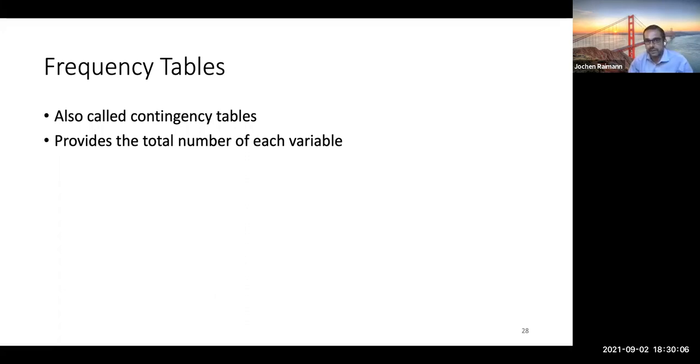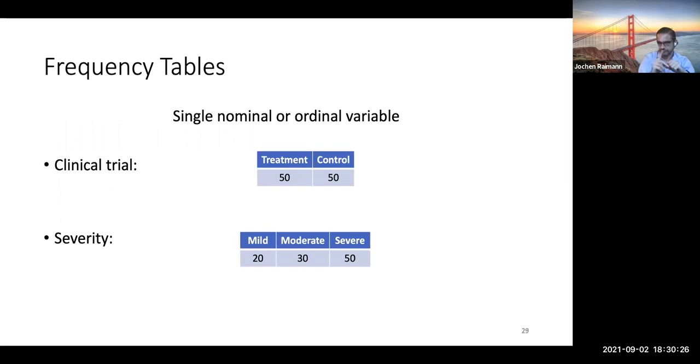These contingency tables give you a grid where you have 2 dimensions coming together. I'll show you in a second what that means. In the respective cells where these 2 variables come together, you have the count where both of these conditions apply.